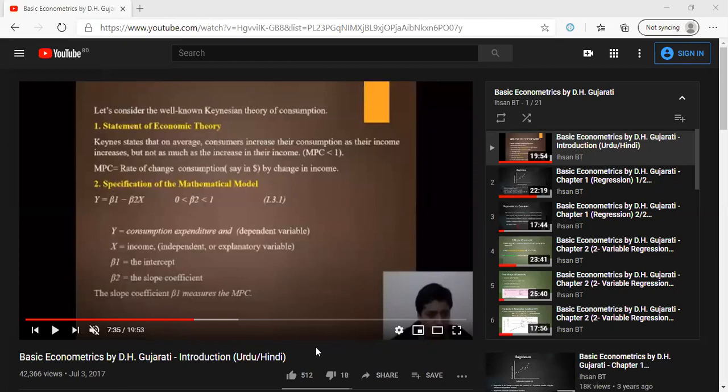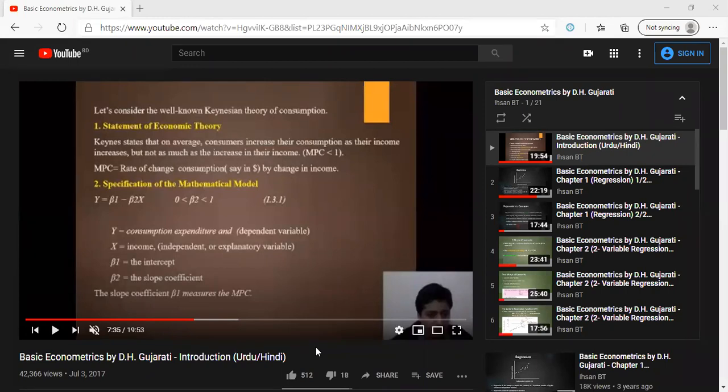Then a mathematical function obviously can be of different types. We assume the simplest possible one, which is a linear function. So X, which is our income, is the independent variable. Y, which is the consumption or consumer expenditure, is the dependent variable.